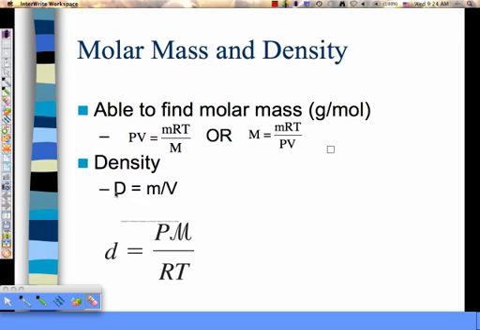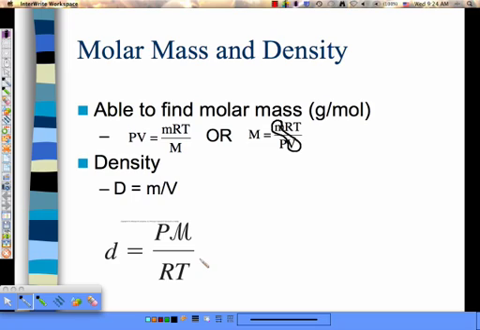Our density equation, D equals m over V, way back from chapter 1. If we rearrange, in this equation right here we have m over V. Let's circle that.